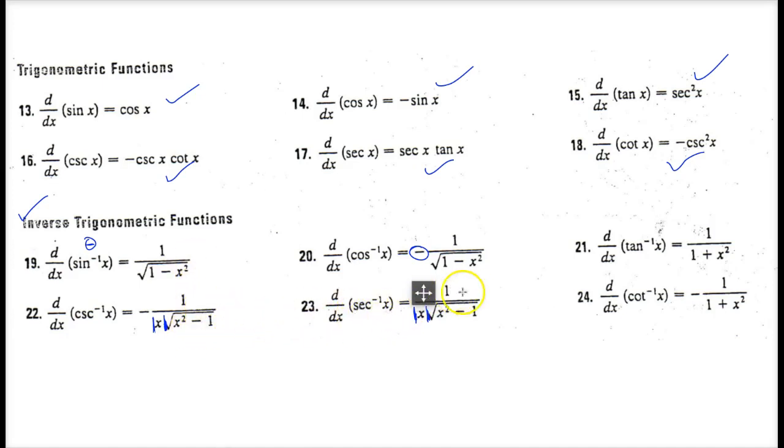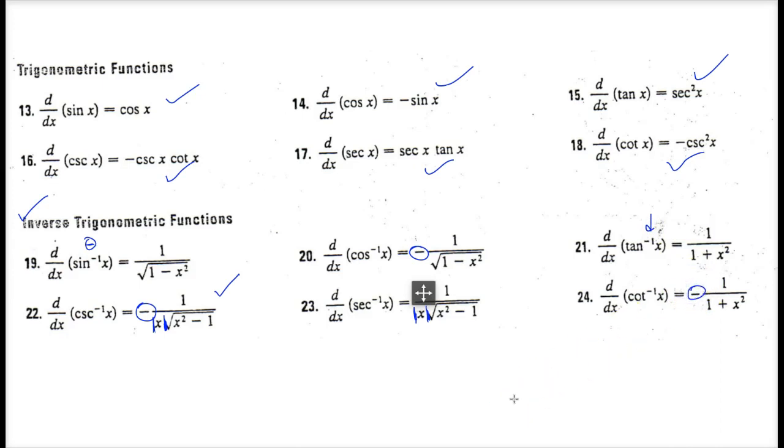For secant inverse, of course, we have the same thing as cosecant inverse, but you see that it ends up being positive instead of negative, like how cosecant inverse is. And then cotangent inverse, the derivative of that is the same as tangent inverse, it's just negative.